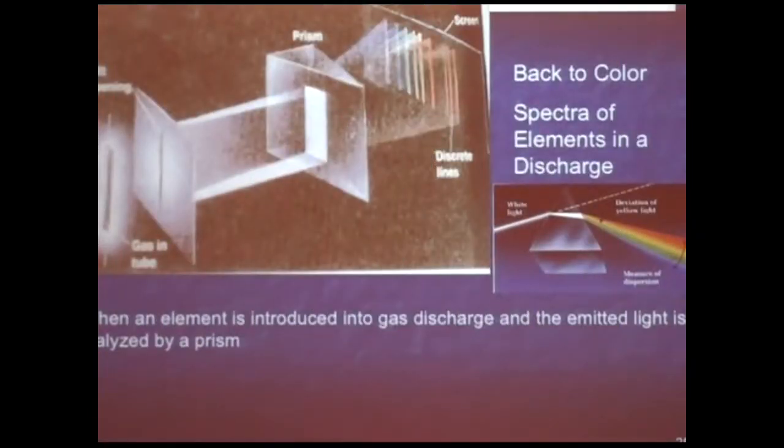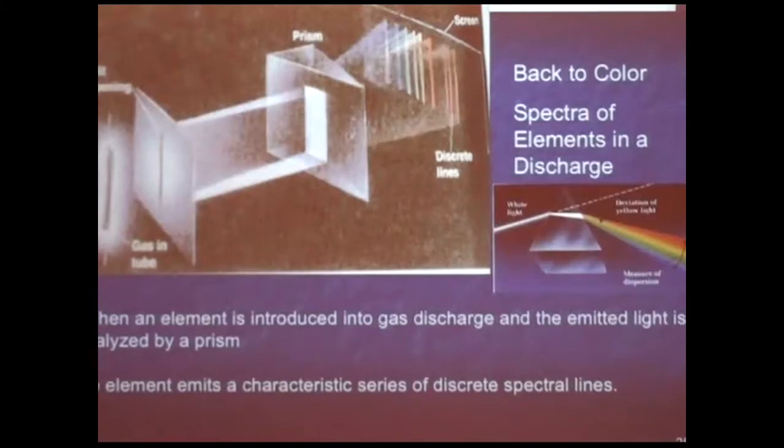So when an element is introduced into a gas discharge, it gives out light of different colors, but not like the spectrum, but a discrete set of lines.